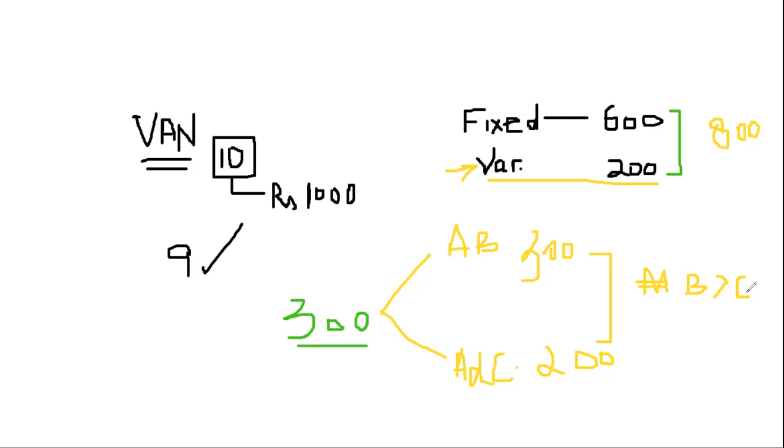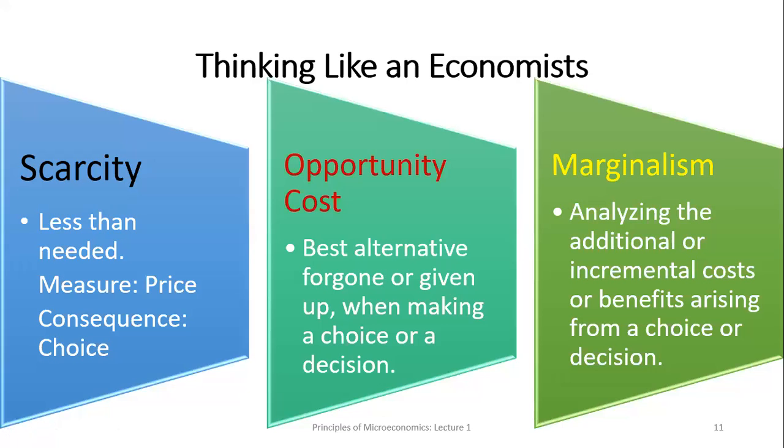And if benefits are lower, then he will not make the 21st unit. That's how we make economic decisions. That is, economists always think at the margin. They compare the marginal benefits and marginal costs. That is the principle of marginalism.